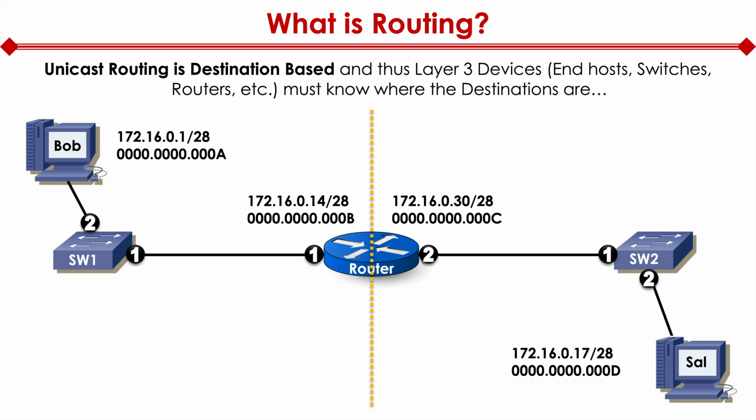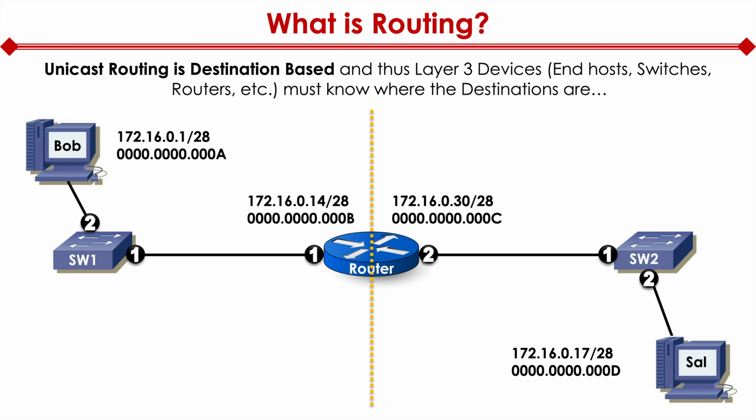So for example, if I'm in San Jose and I want to send an email to somebody in New York, physically there's going to be a bunch of routers in between us. And every single layer 3 hop between San Jose, California and New York needs to have information about the destination so it can route my traffic to the eventual destination, which in this case is Sal.